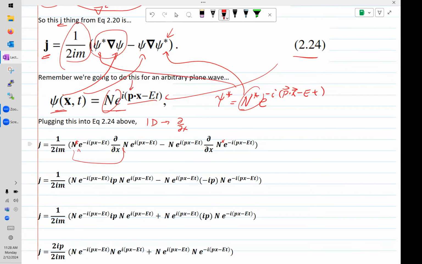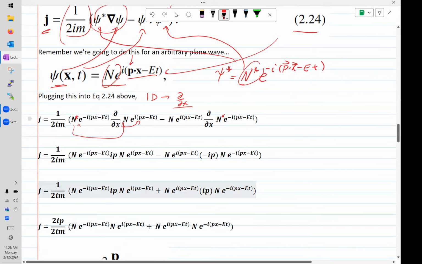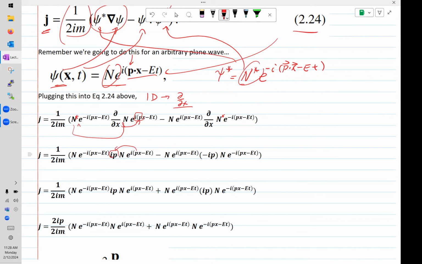But the thing is that this gradient in one dimension is just a spatial derivative. If I do the spatial derivative of this wave function, you pop down an i times P. See where that comes down?